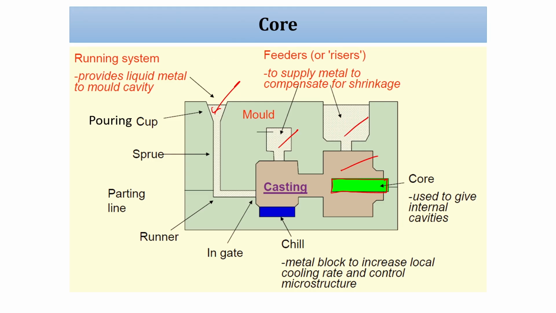I want to make a hollow feature in this product, so we can place a sand material, and that is known as a core. We place it so that the metal will not solidify in this area, and after solidification we can break that sand and get a hollow product. This is called core making.